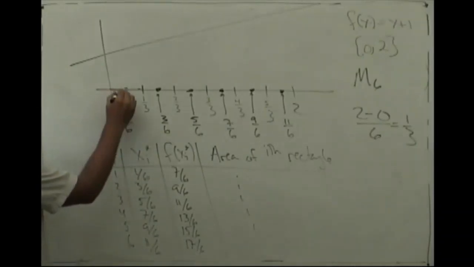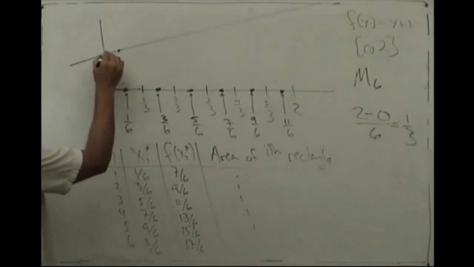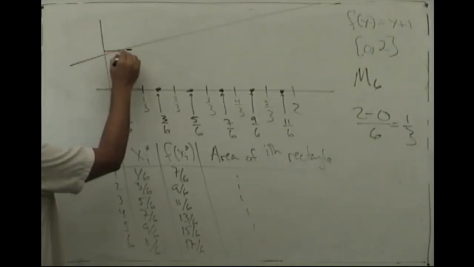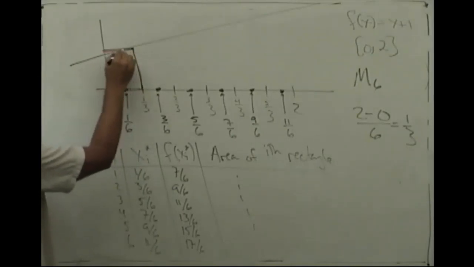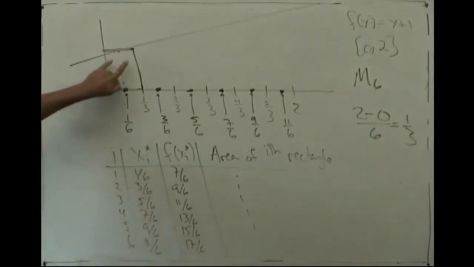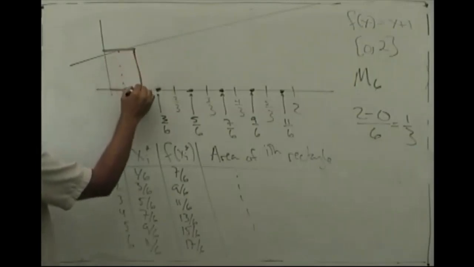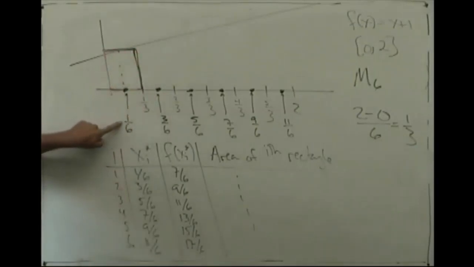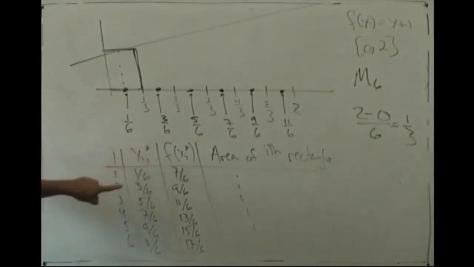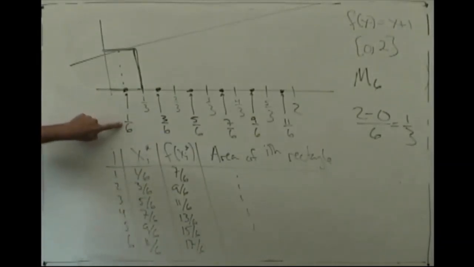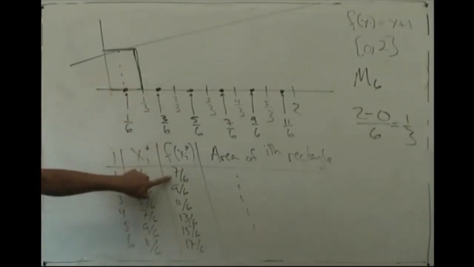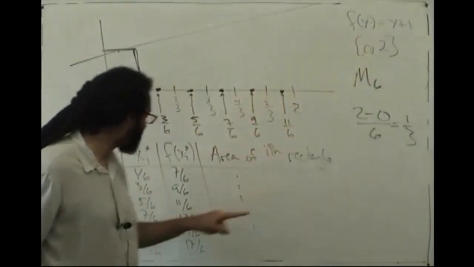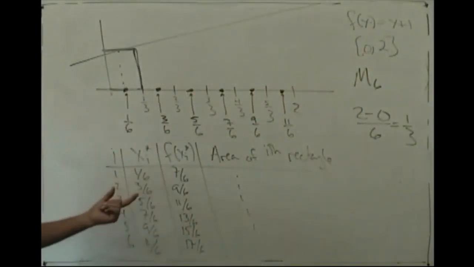over 6. So using this midpoint, the height of the first rectangle is given by plugging in 1/6 into the function. So this is my x1 star, and then the height of this rectangle, I will take this x1 star and plug it into the function x plus 1, and so I get 7/6.